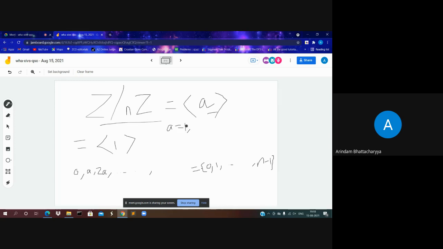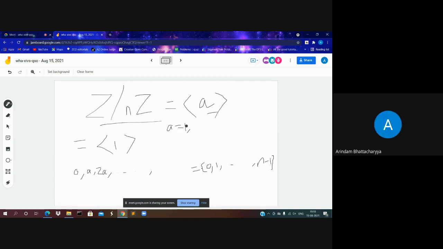This is very number theoretic, and if you have done some formal number theory, I think this is called a complete residue set. A generates the complete residue set.